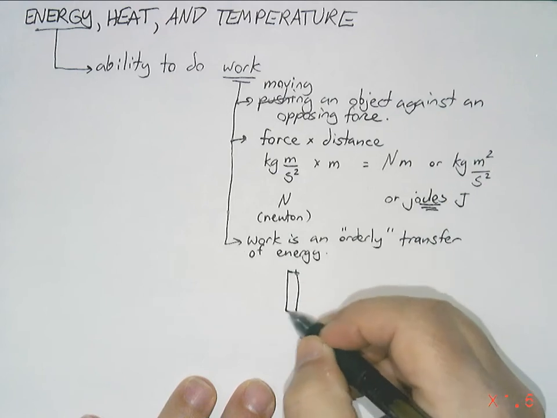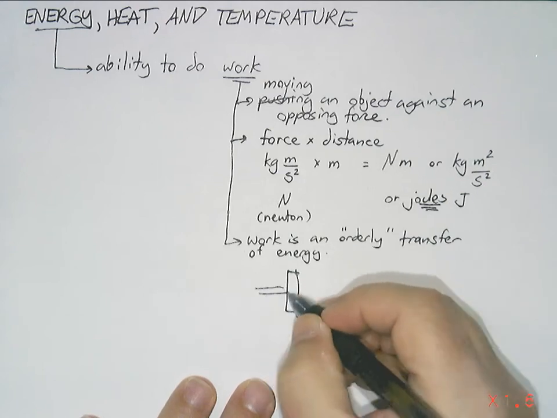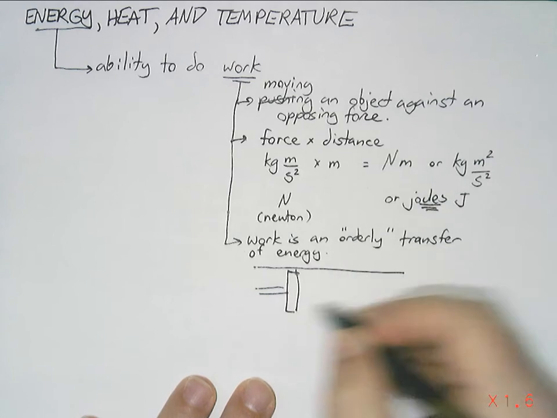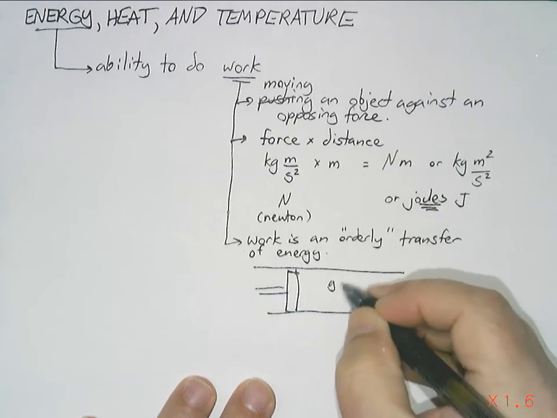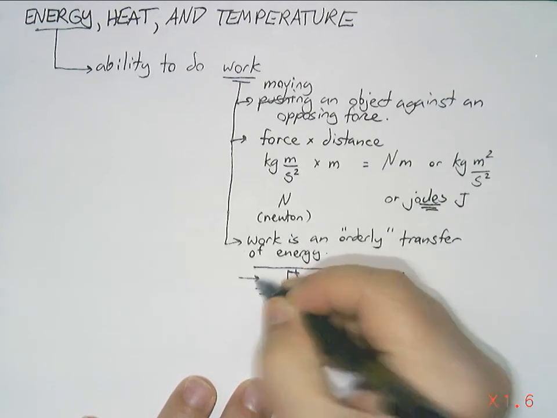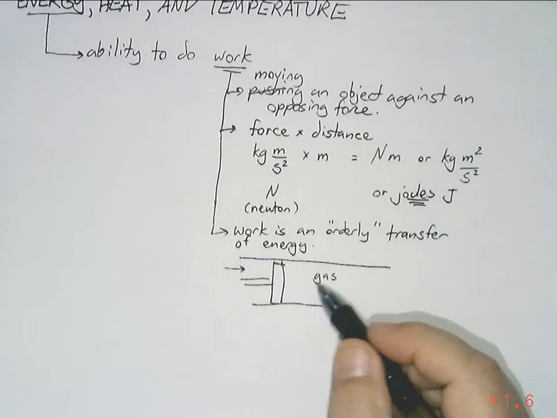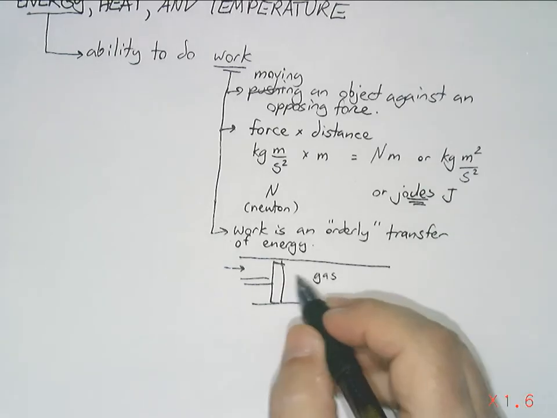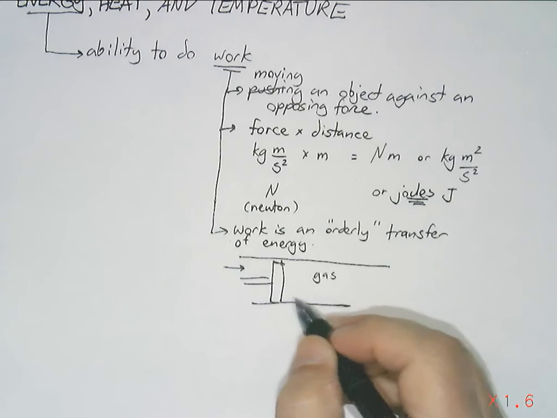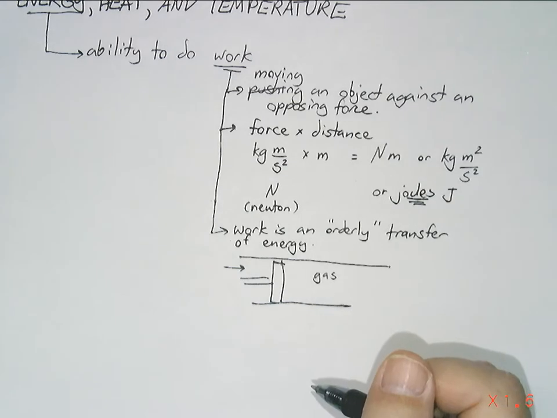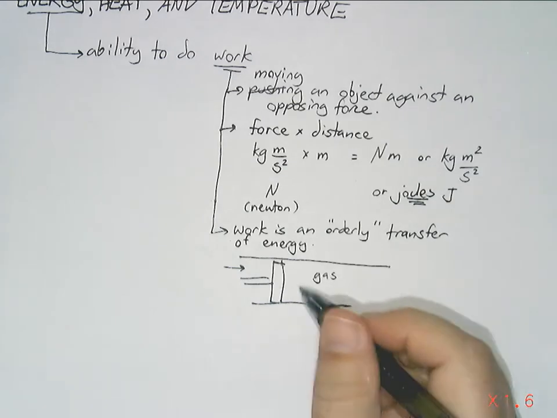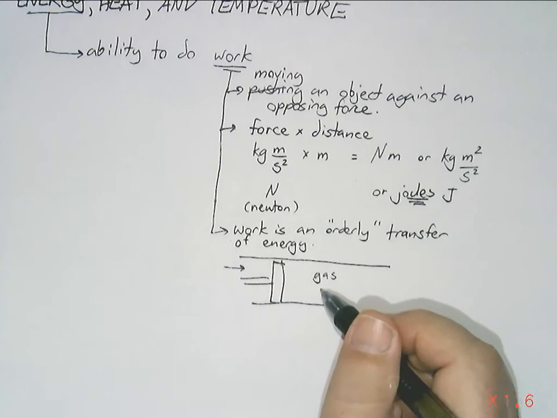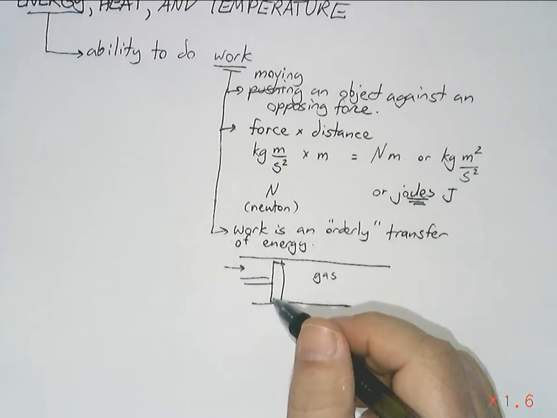Here's another example of what I mean by orderly. Suppose you've got the gas in the bicycle pump and you push the piston in. Now the gas molecules are going to be pummeling against the surface of the piston as it moves in and resisting it. So that's the opposing force the gas pressure provides it.